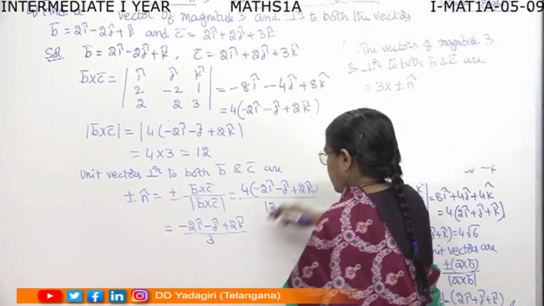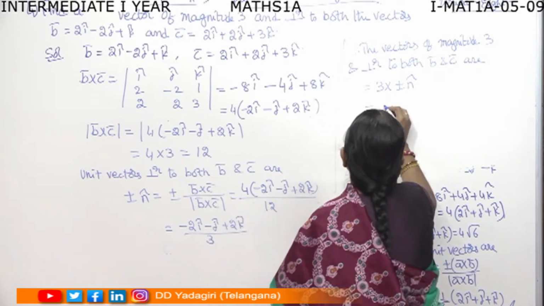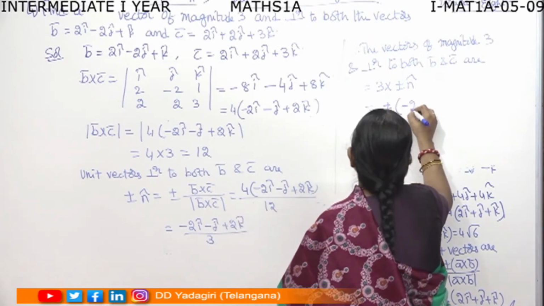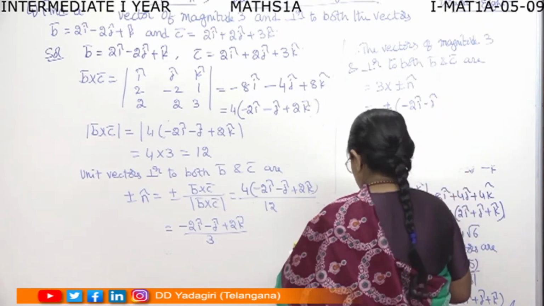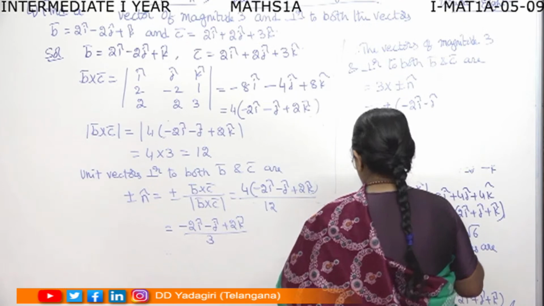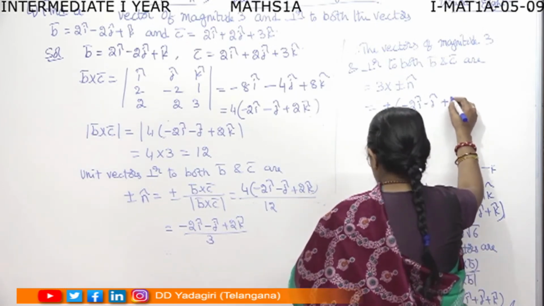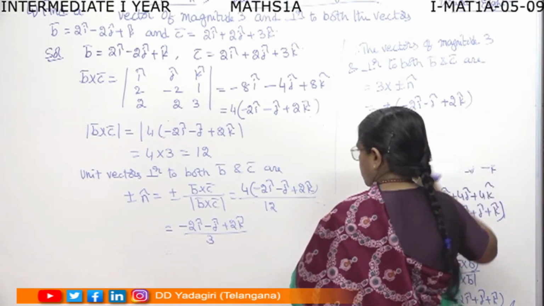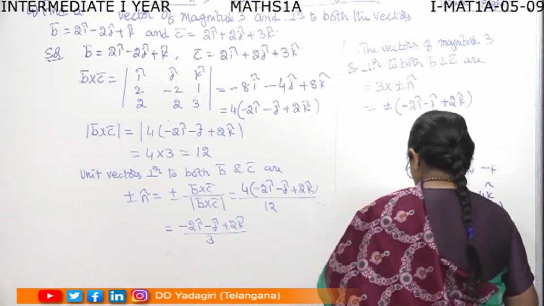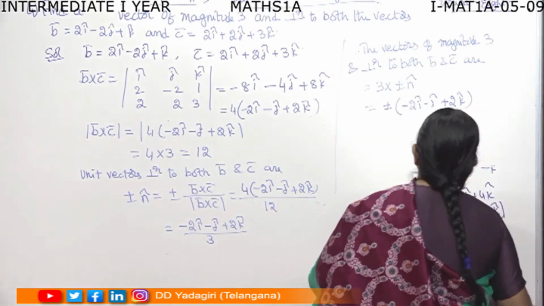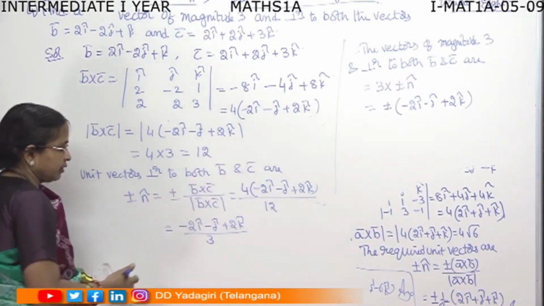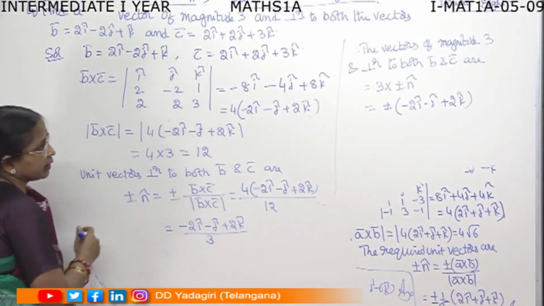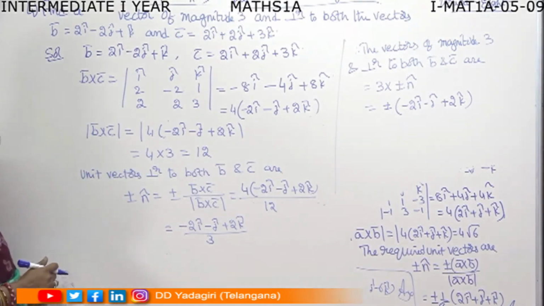So when you multiply this by 3, you will get plus or minus 2i minus j plus 2k, like this: minus 2i minus j plus 2k. So plus or minus, one is with plus and another one is with minus, like this you will get. So this is the answer.